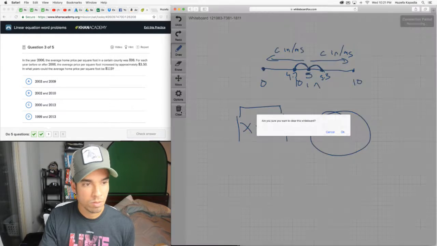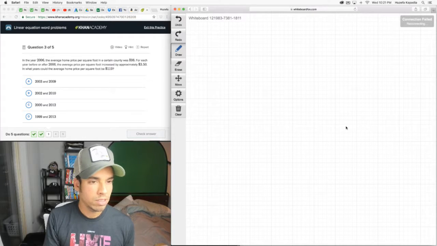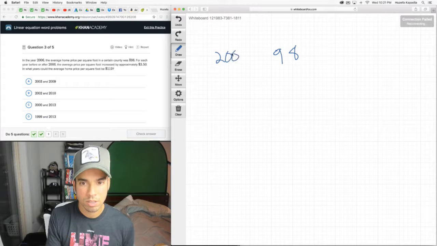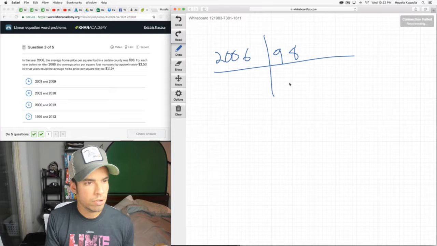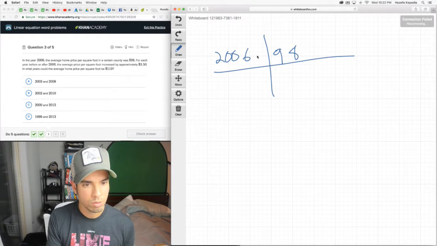Question 3. In the year 2006, the average home price per square foot of a certain county was $98. This is in 2006. For each year before or after 2006, the average price per square foot increased.